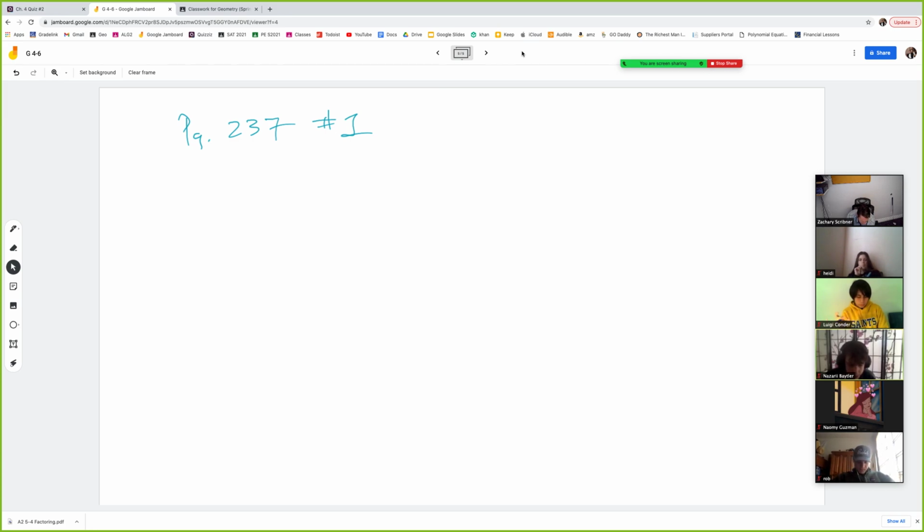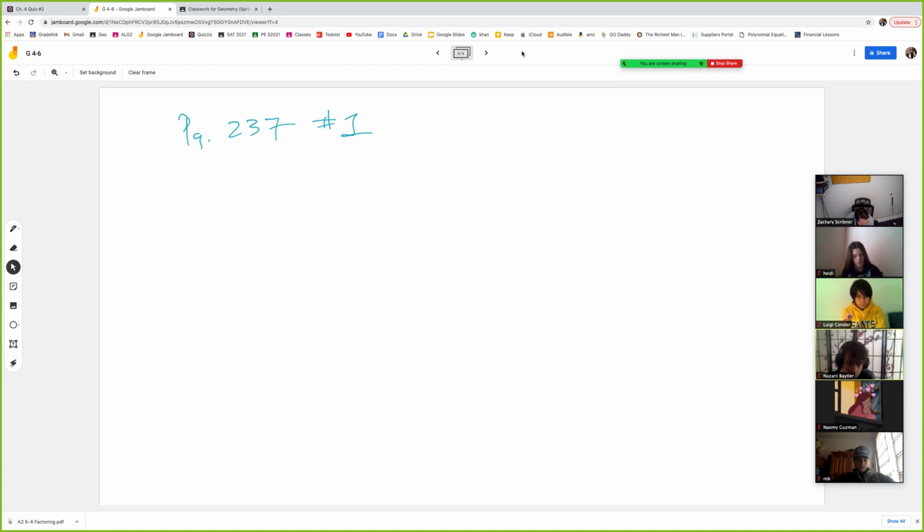So here we have a 6 and a 6, a 10 and a 10, and they're both right triangles. So we can say that triangle ABC is congruent to triangle DEF by the hypotenuse leg theorem.